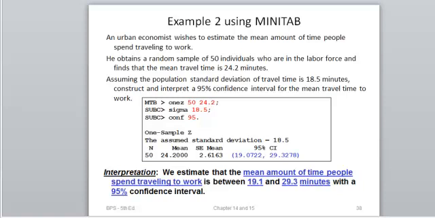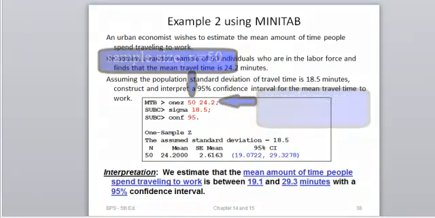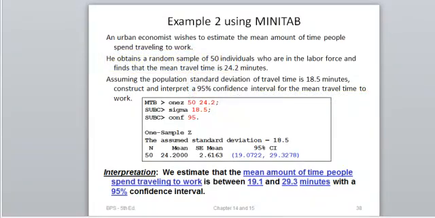So in using Minitab, we go to the MTB prompt and we put in 1Z. Then we put in our N and our X bar. Our sample size was 50 in this problem, and the sample mean from that 50 was 24.2. Put a semicolon because we have to let Minitab know what the sigma is and what confidence level we want. So we put in our sigma as 18.5, which is given to us, and the confidence level, which is 95.